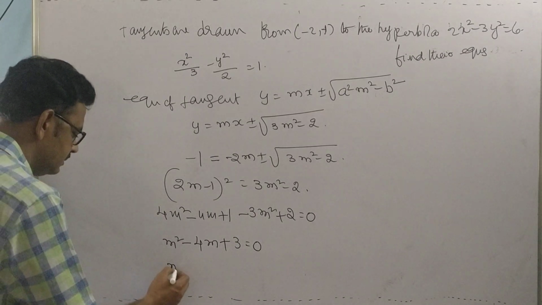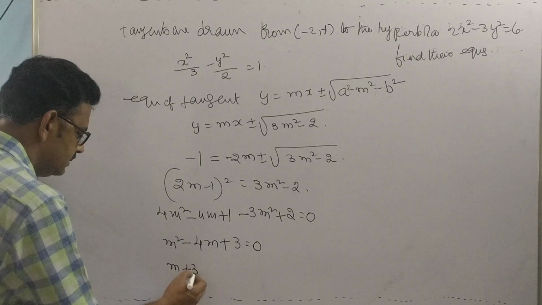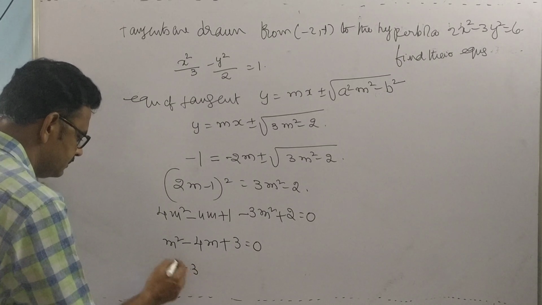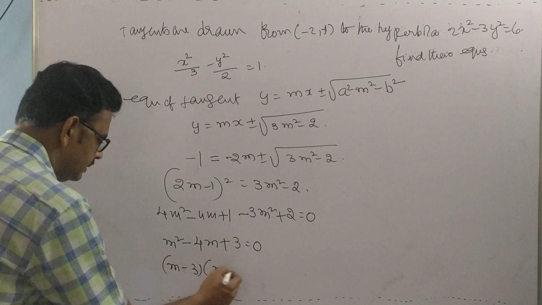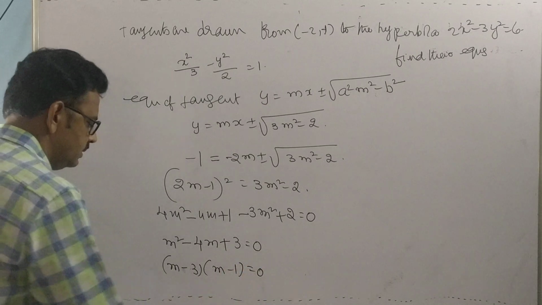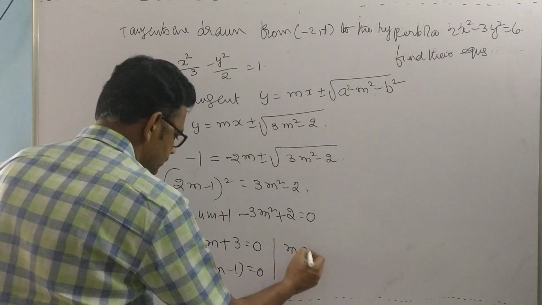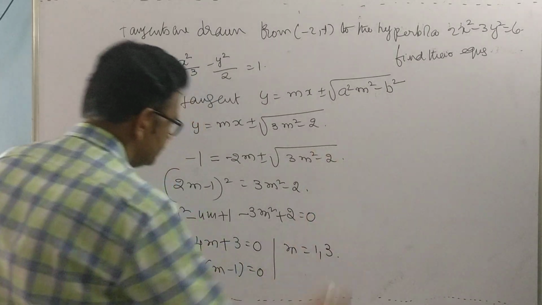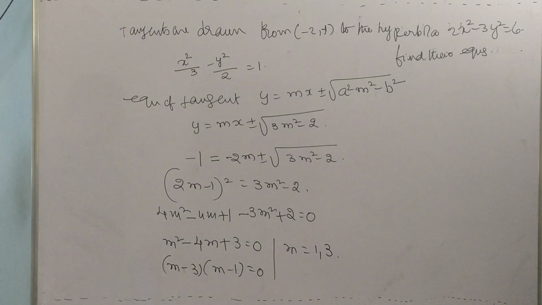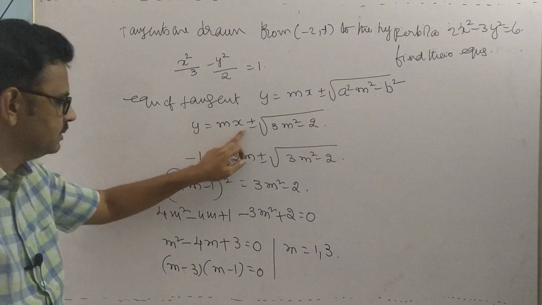By factorizing, (m - 3)(m - 1) = 0. Therefore m is equal to 1, 3. In place of m, write 1, 3.